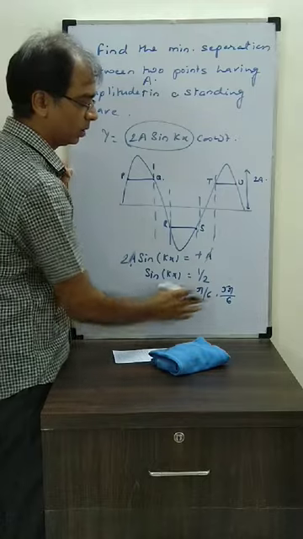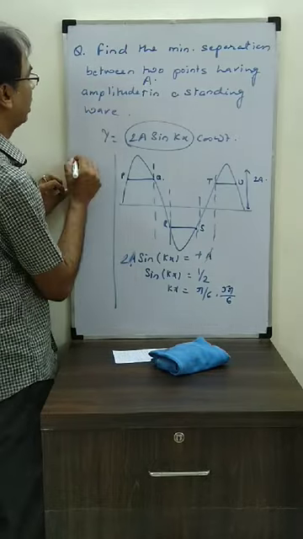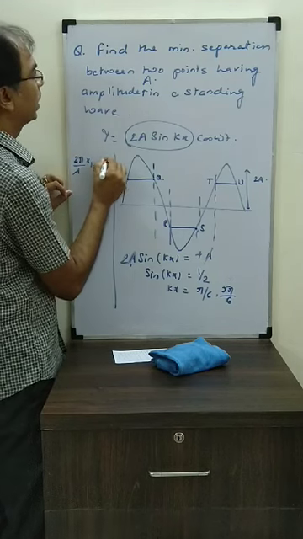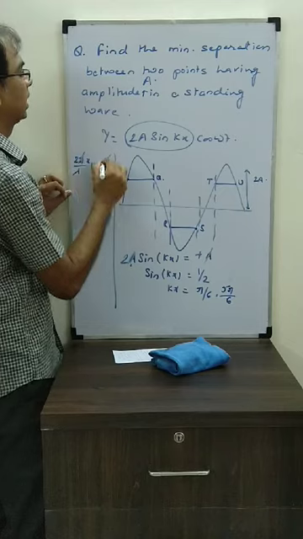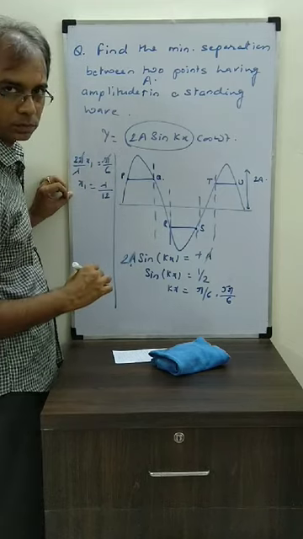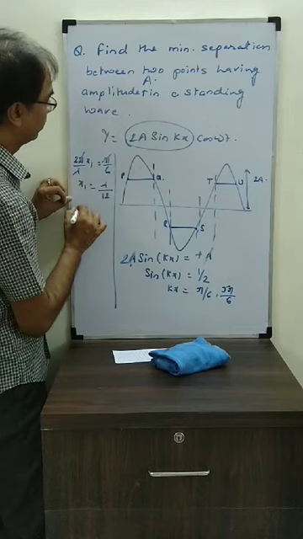We have to find the position difference between them. This k value is 2 pi by lambda into x1 equal to pi by 6. Pi gets cancelled. X1 value I got is lambda by 12. Let's see the next one for 5 pi by 6.